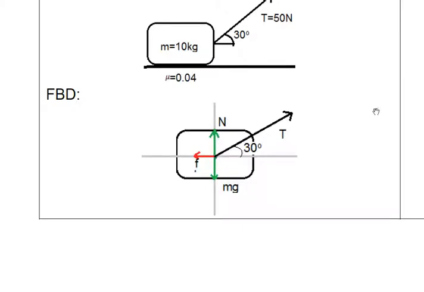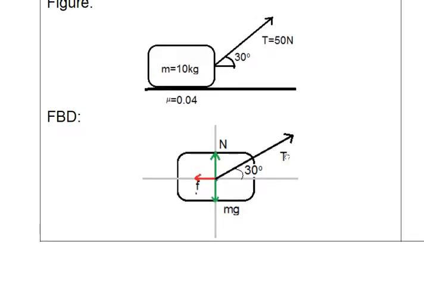Then the acceleration would have to be in this direction. Since the acceleration is going in this direction, the frictional force will be opposite to it, because friction is always opposite to the motion of the object.